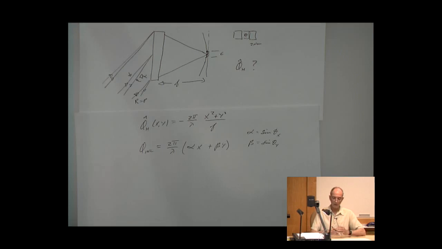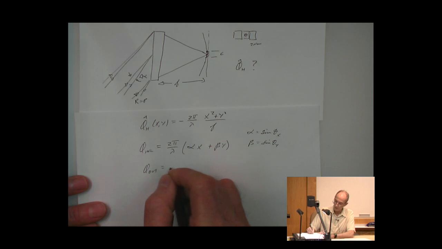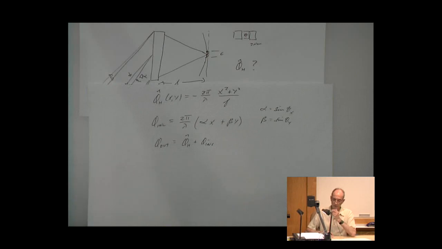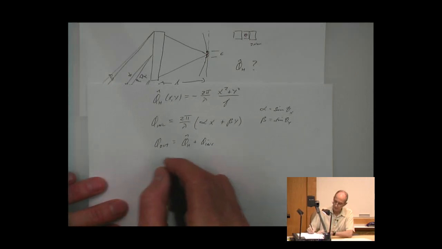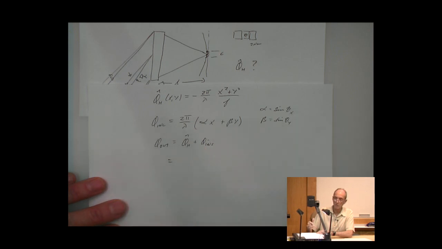And so what is the function that we want? Remember, we have this phi out now is equal to phi h hat plus the phi incident. And so the function that we want is going to look like, again, an image point over this extended range.